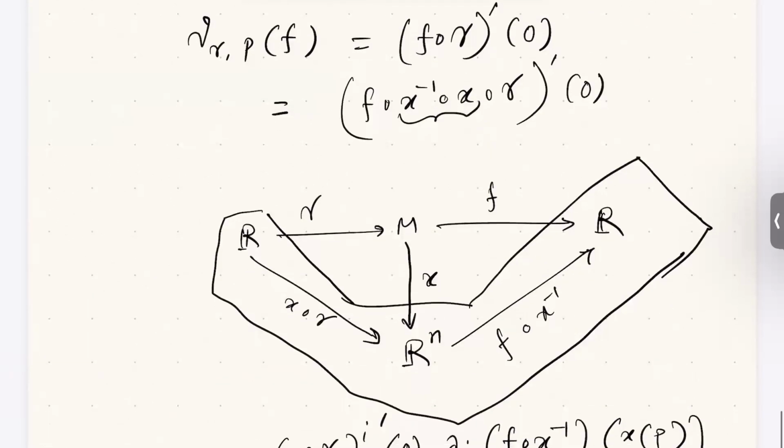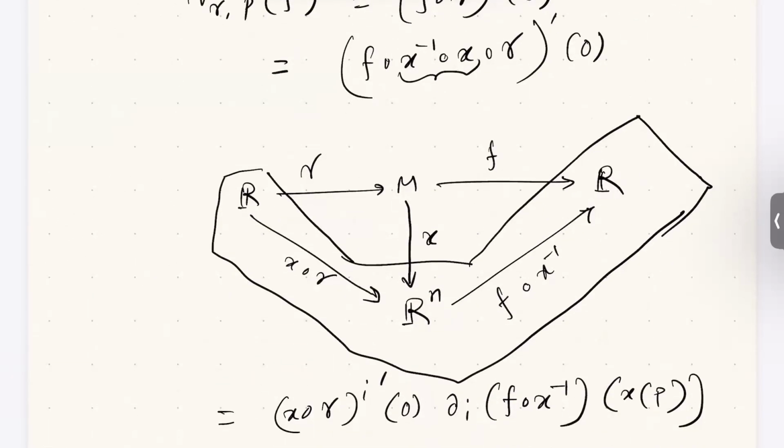Why? Because x of γ is what? This gives me R to R^n, right?